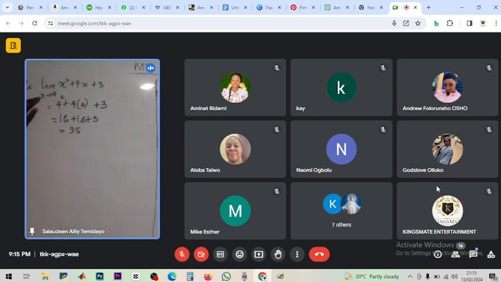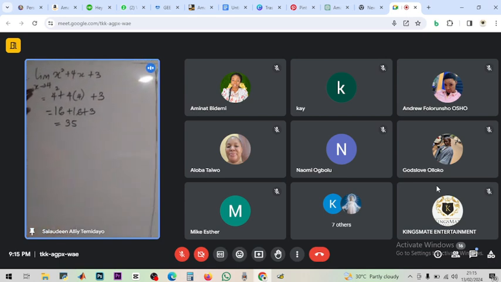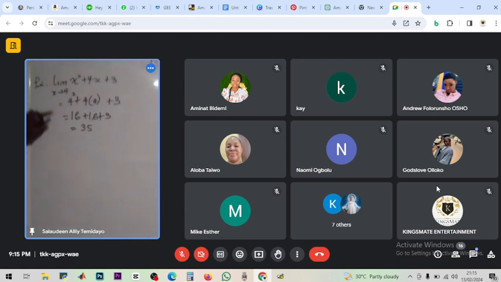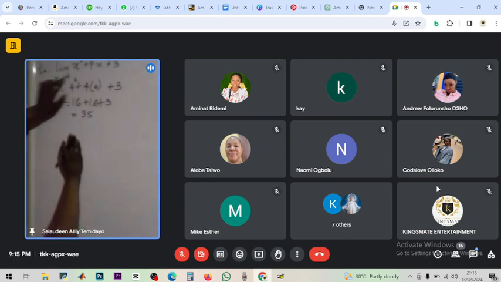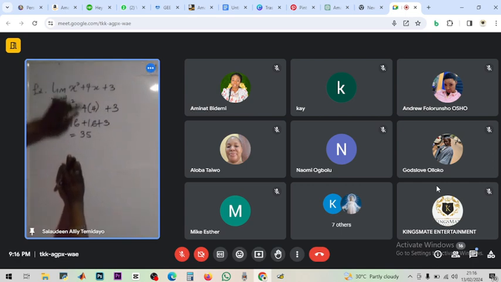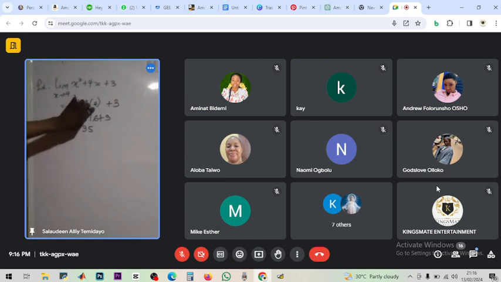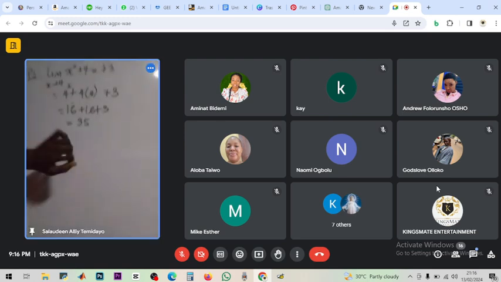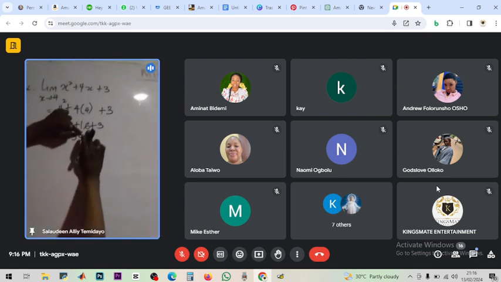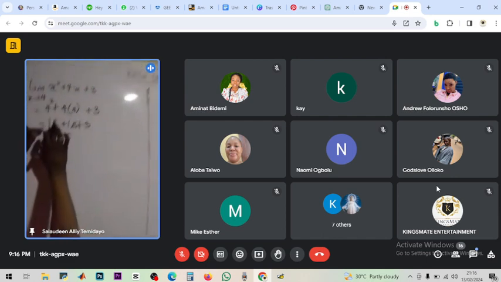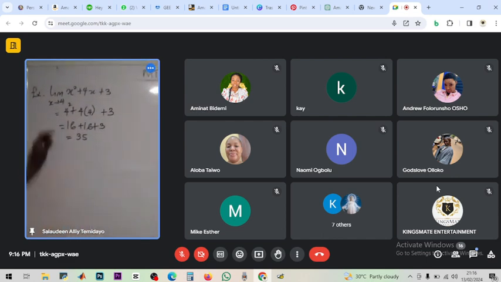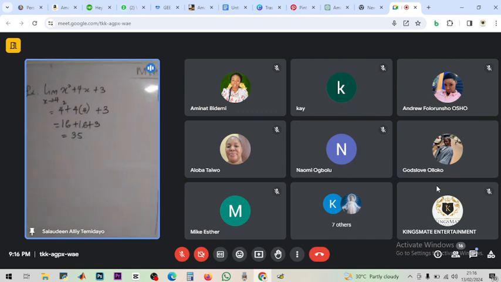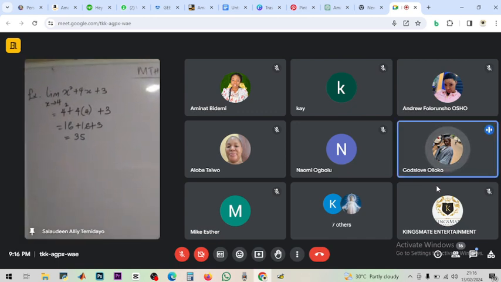It will now be 4 squared plus 4 times x, which is 4 again. So 4 times 4 is 16, plus 3. So now this gives 16 plus 16 plus 3 equals 35. Did you understand it? Yes. Thank you, sir.